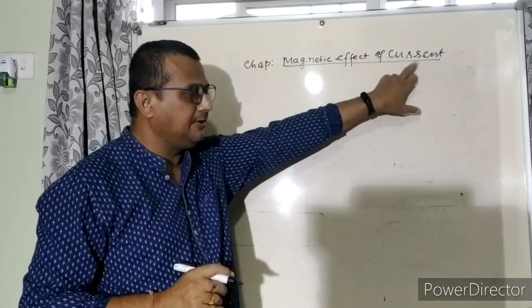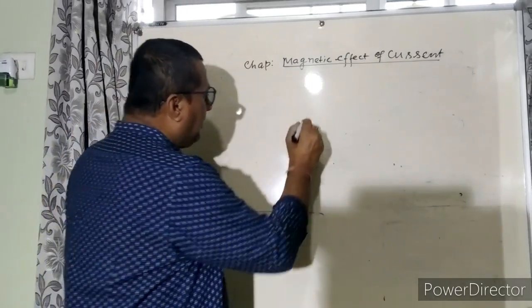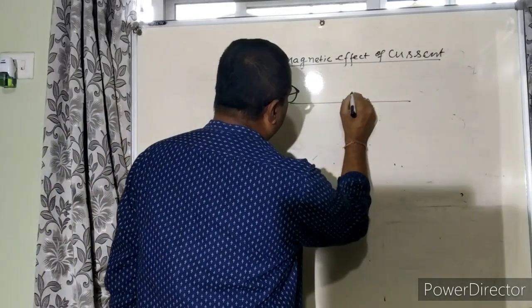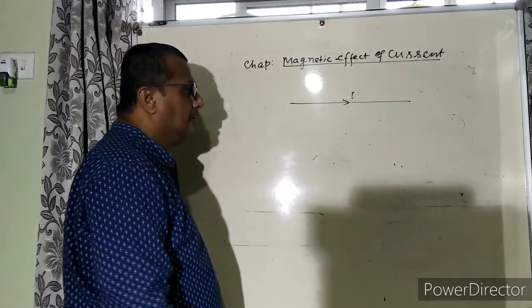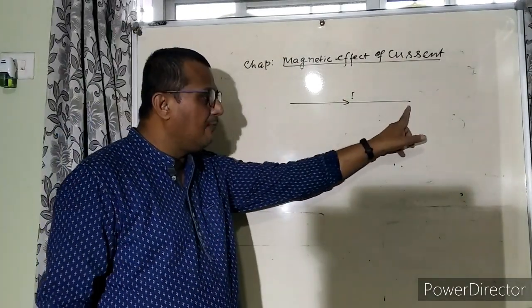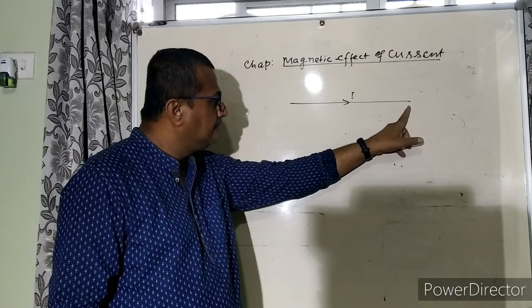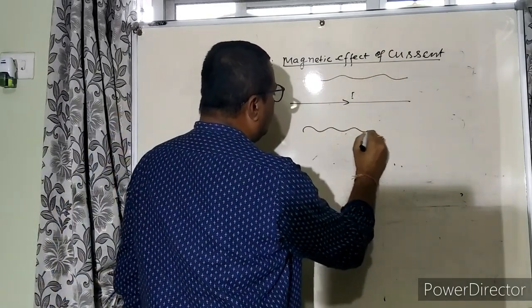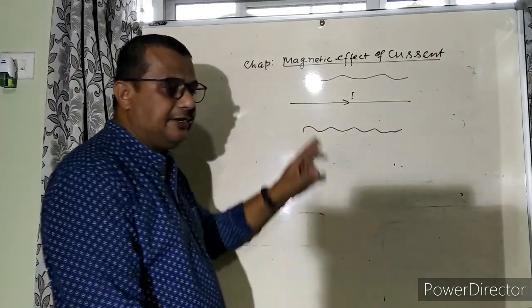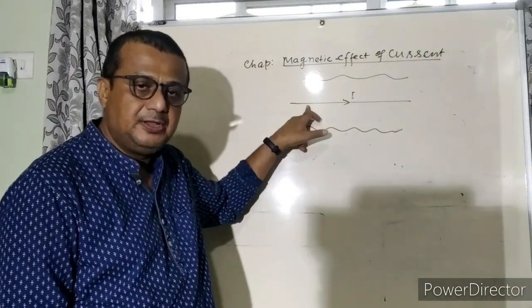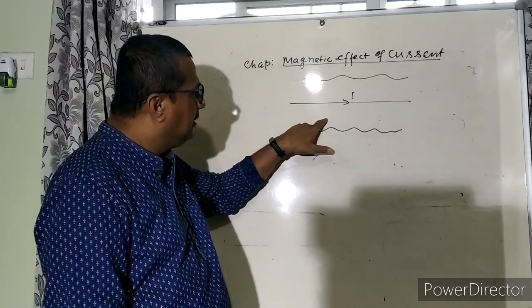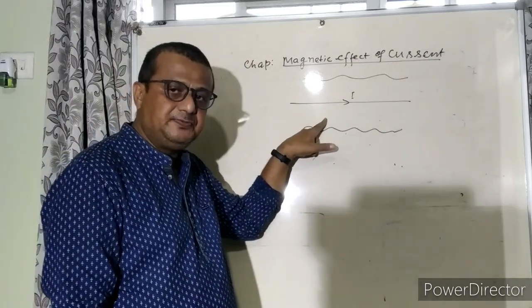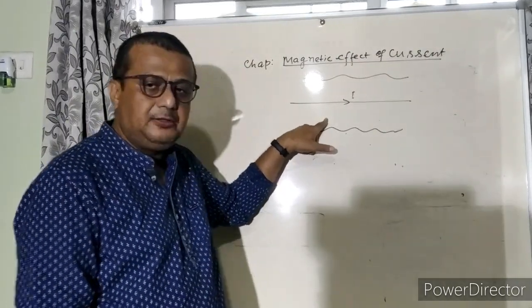Magnetic effect of current: when current flows through a wire, in its surrounding, magnetic field generates.